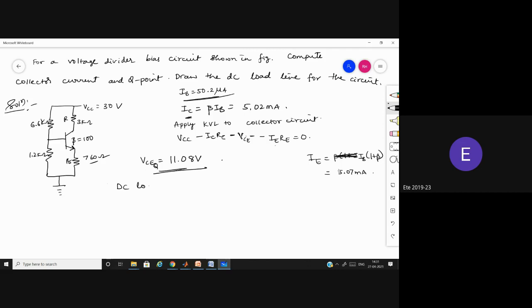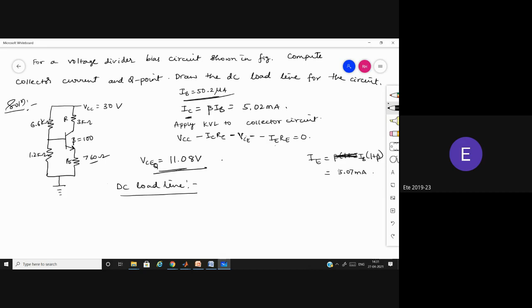Now, our next part is the DC load line. To find the DC load line, what is the method we follow? We will take IC equal to 0 to get the volts, and VCE equal to 0 to get the amperes.